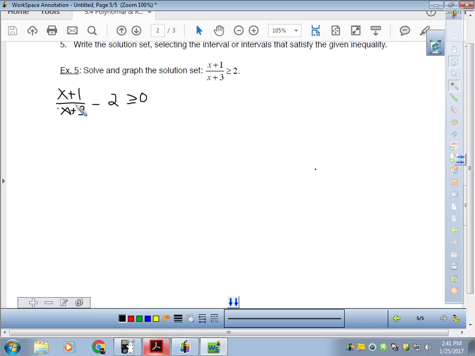Right now I technically have 2 fractions. I have this one, and then I have this 2, which is technically over 1. In order to combine these into one fraction, I would need a common denominator. The common denominator is going to be x plus 3. So I'm going to multiply this one on top and on bottom by x plus 3.